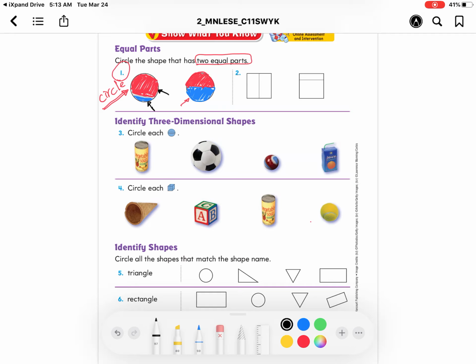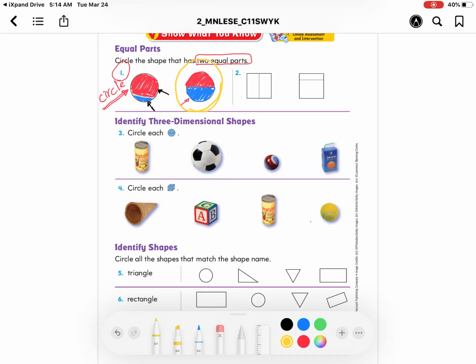They are not the same size. What about the other one? Yes, those are two equal parts. So we will circle this shape because it has two equal parts.